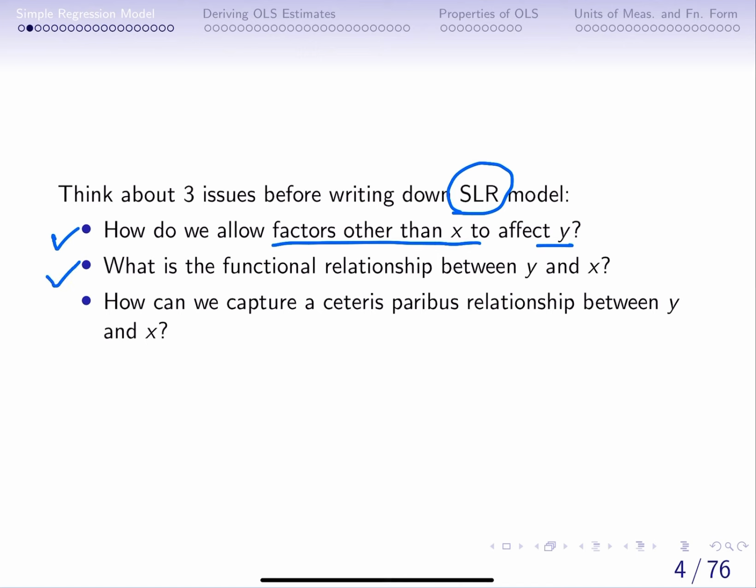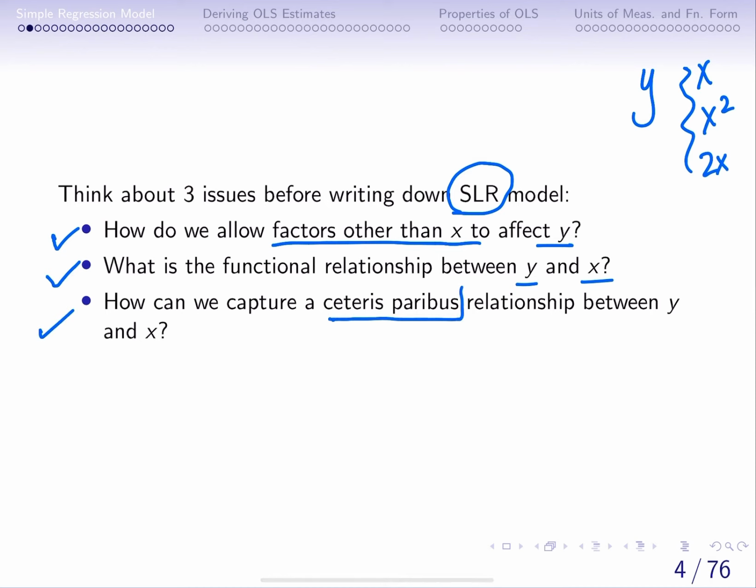The other thing you might want to think about is what is the functional relationship between y and x. So does y vary when x changes, or x squared changes, or 2x changes? What is the relationship between y and x, the functional form here? And lastly, how can we capture a ceteris paribus relationship? A ceteris paribus relationship means that we keep all other factors fixed.